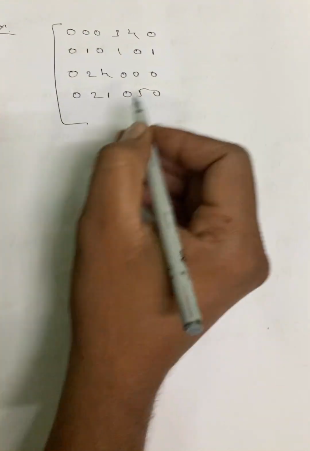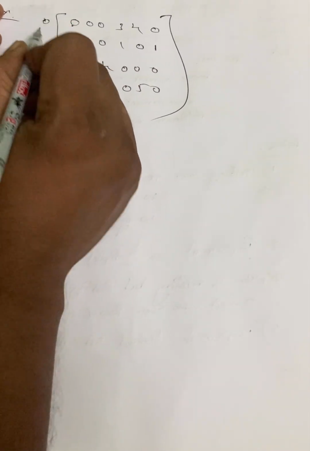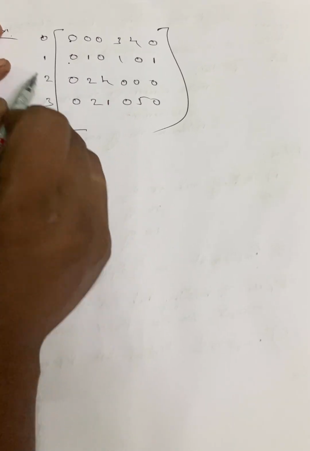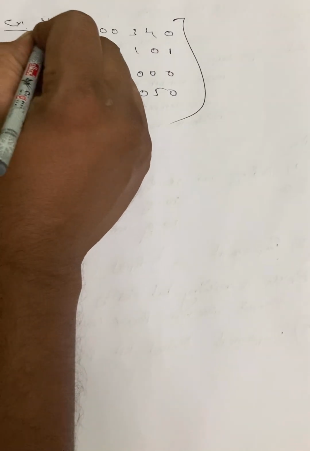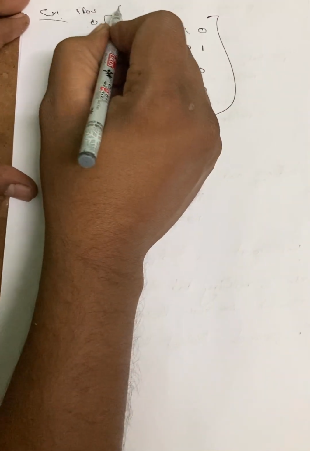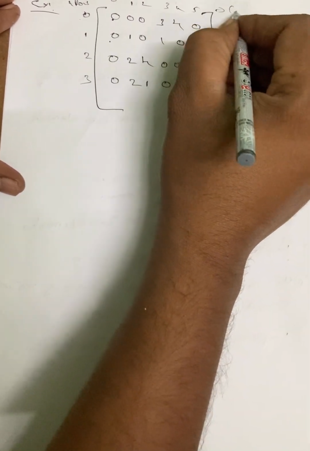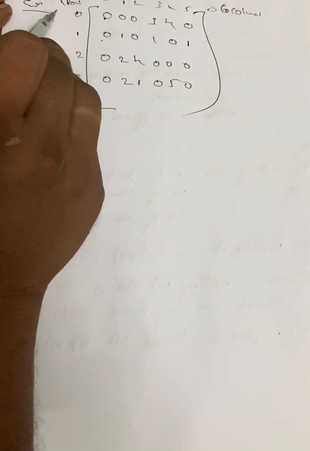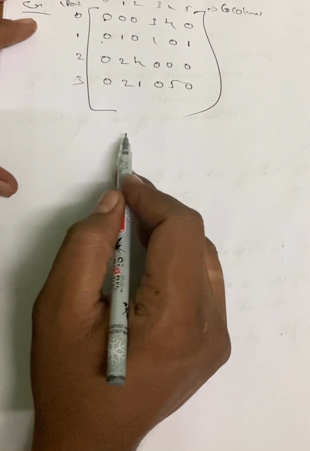So I am taking a matrix with rows 0, 1, 2, 3, that is 4 rows, with columns 0 1 2 3 4 5, that is 6 columns. So my matrix comes with 4 rows, 6 columns.